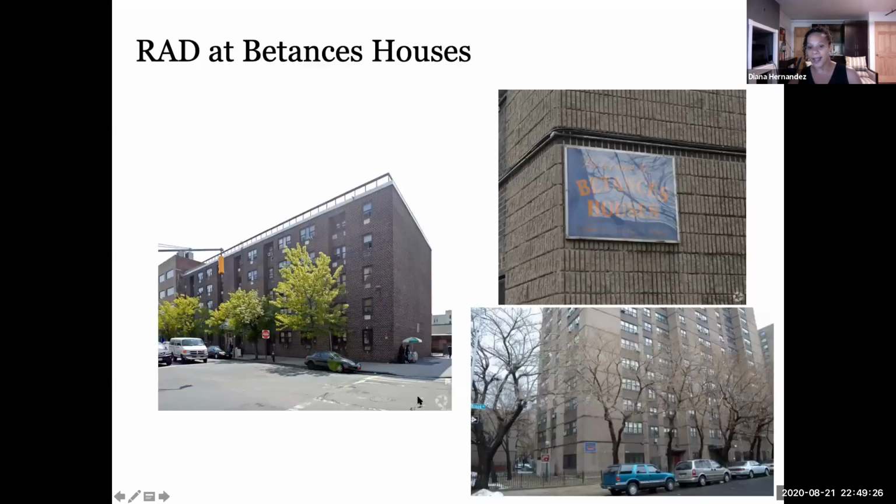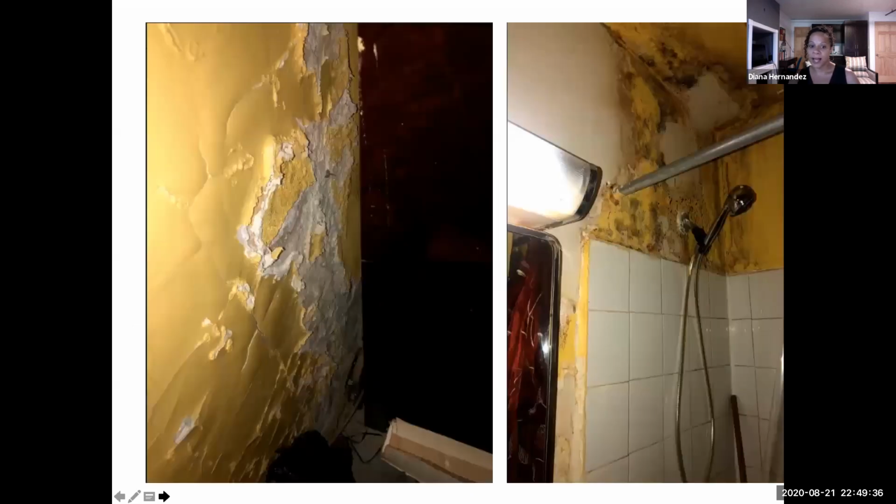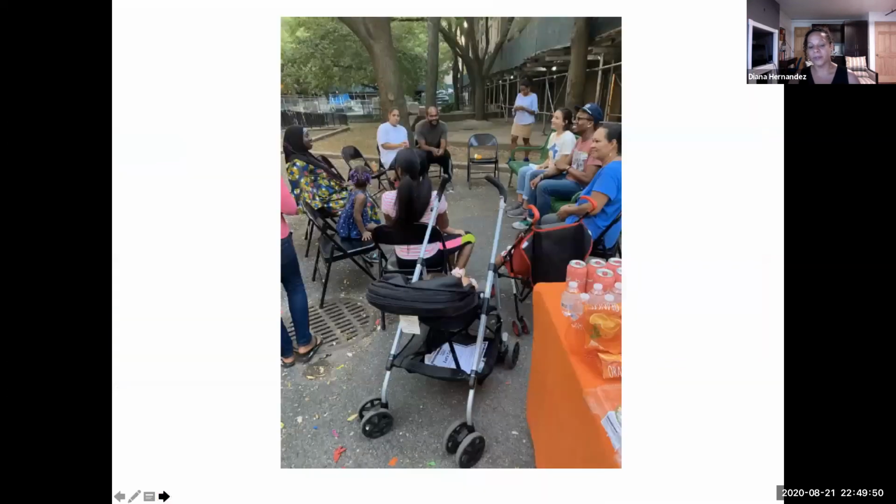I've been looking at the second RAD conversion here in the Bronx in New York City. And this is what the before pictures look like. A lot of mold, a lot of housing conditions in common areas and in apartments. These representations of health or ill health that we saw on a regular basis.